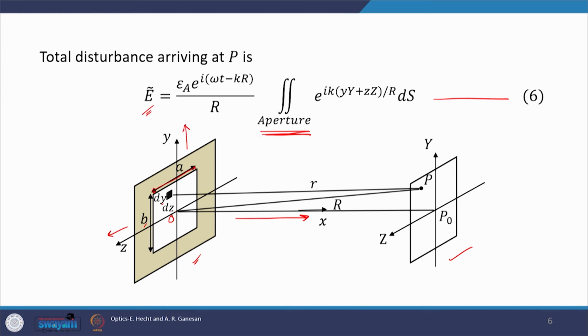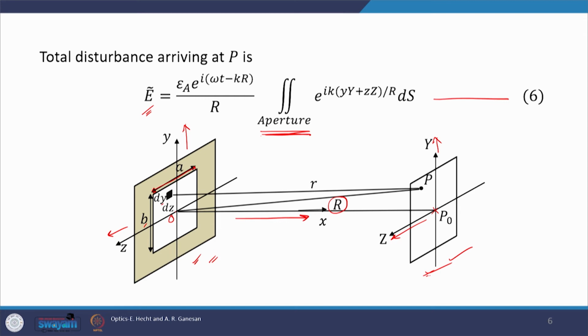Now, the screen is placed here, at a distance capital R from the origin O, and we also associate a coordinate system with the screen plane. In this coordinate system, capital Y is pointing up, capital Z is coming out of the plane of the paper, while capital X associated with the observation screen plane coincides with the x axis of the aperture plane.